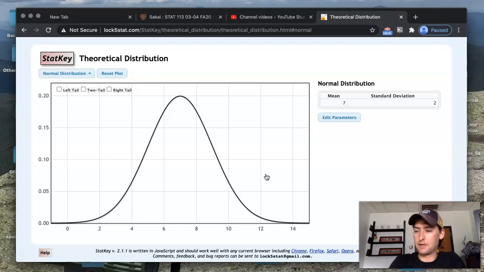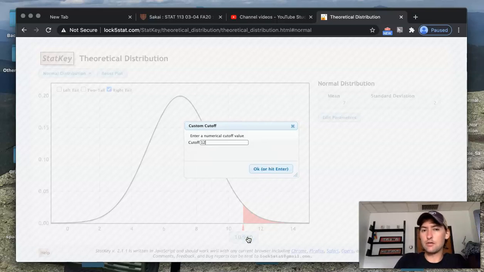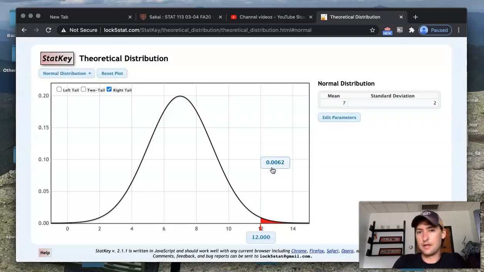The first question we wanted to know was, what's the probability that a woman gives birth to a baby that's more than 12 pounds? Now instead of clicking left tail, I'm going to click right tail, and change this value here to be 12. And so we get a probability of 0.0062.